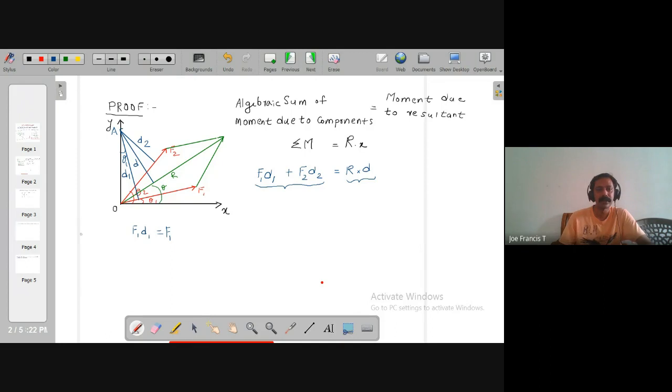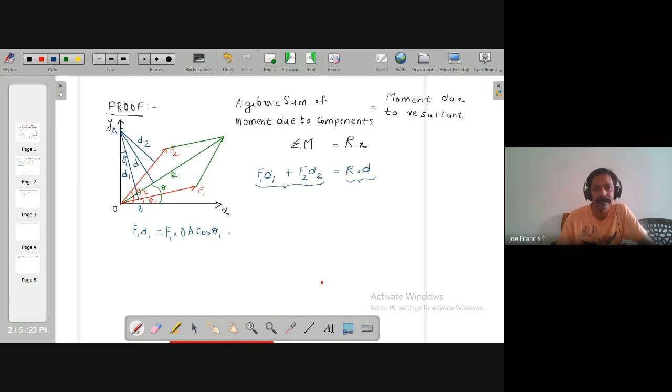Okay. So if you consider a right triangle here, say you have a point here, OA, suppose this point is B here, I'll write B. If you consider a triangle OAB, d1 you can write it as OA cos θ1. So instead of d1 you can write OA cos θ1. So F1 into OA cos θ1.